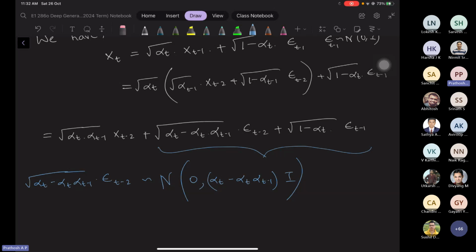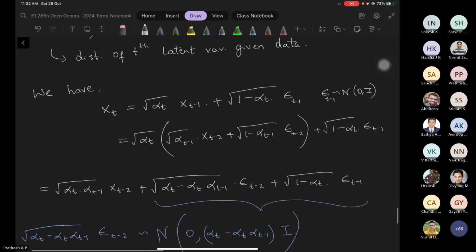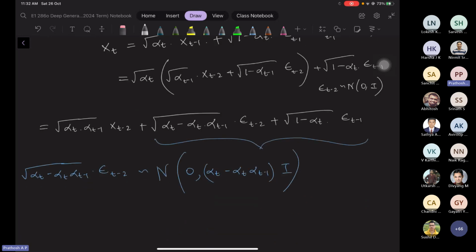This is because, again, reparameterization, right? You have a Gaussian, you have a scaled Gaussian. So epsilon t minus 2 here is again normal 0, 1. If it's normal 0, 1, then something scaled with that will become another Gaussian with a different mean and variance. Agreed?